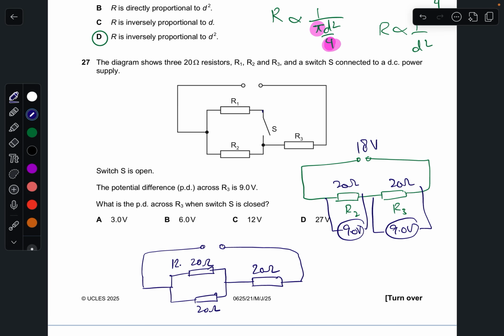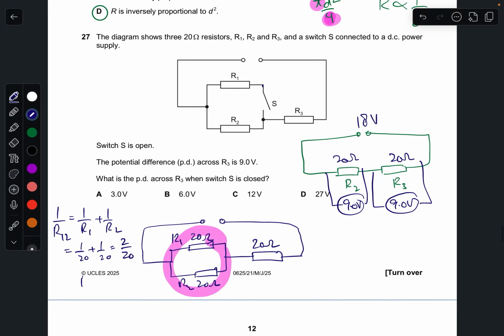To combine them, 1 over R12 is 1 over R1 plus 1 over R2, that is 1 over 20 plus 1 over 20, which gives 2 over 20. Taking the reciprocal, 1 over R12 is 1 over 10, so R12 is equal to 10 ohms.